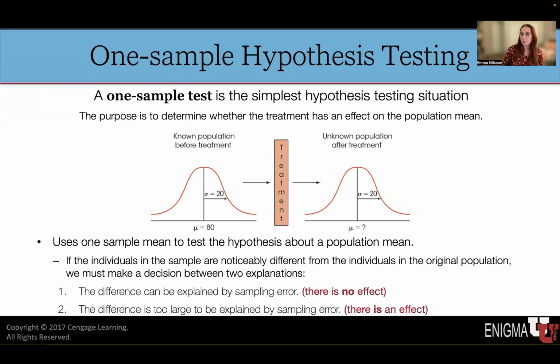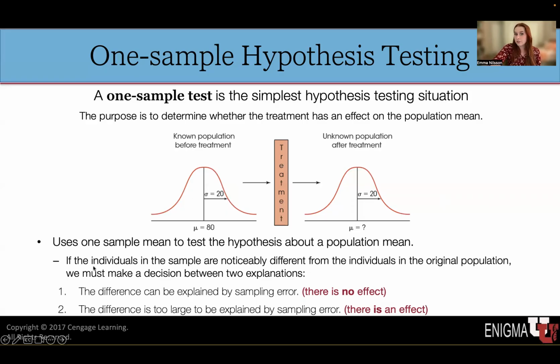The purpose of the one sample hypothesis test is to determine whether the treatment that you as a researcher have done has an effect on the population mean. So you have a known population before your treatment, you put it through a treatment, and then you see if the population mean changes. Because if the population mean changes enough, then we can say possibly that there was a treatment effect.